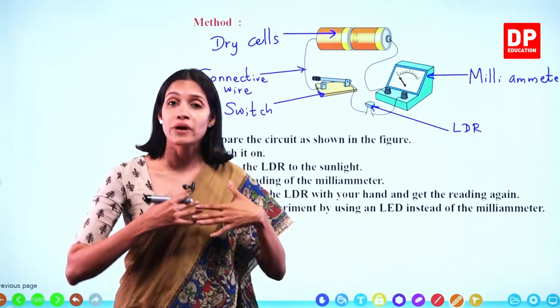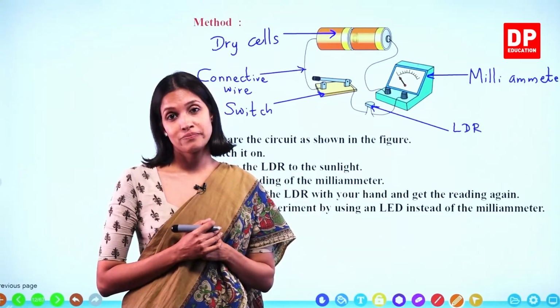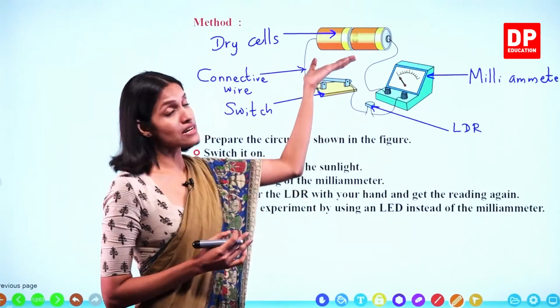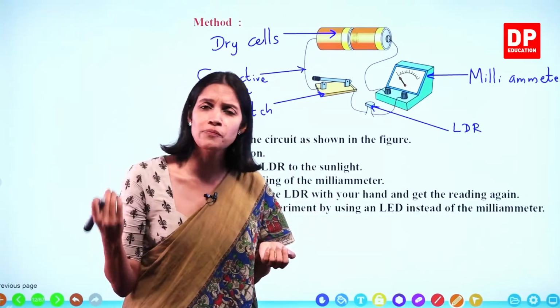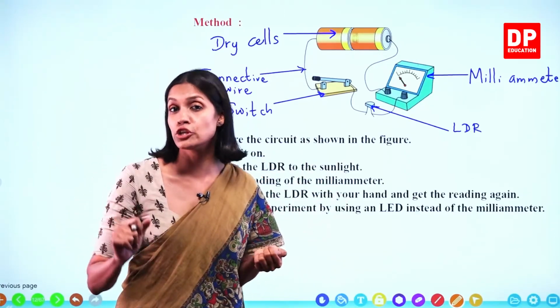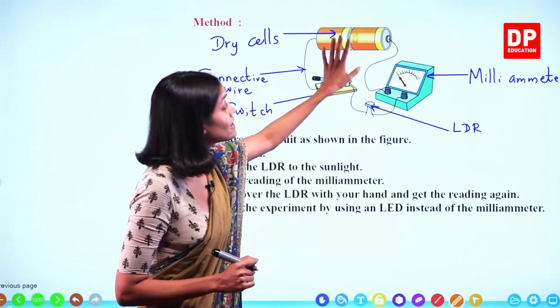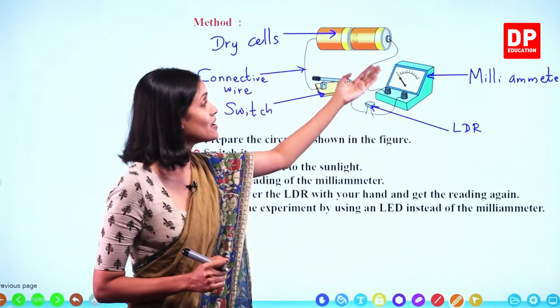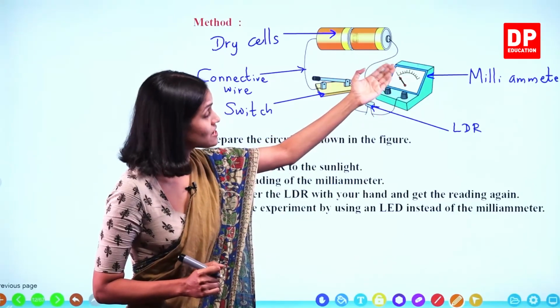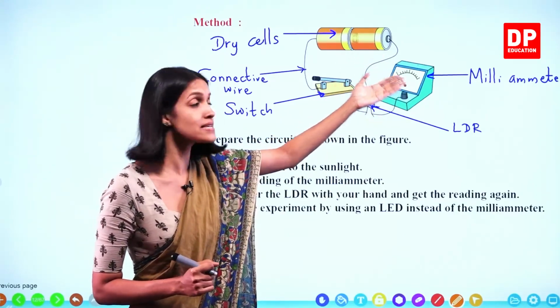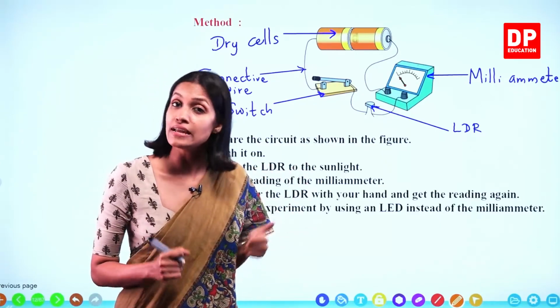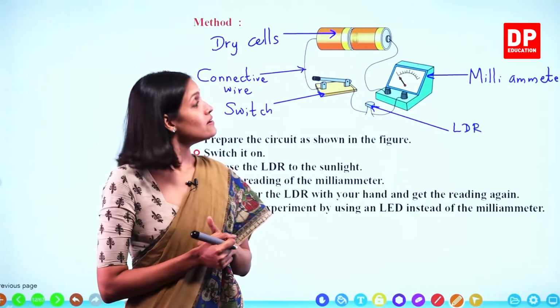What is resistance again? Resistance means the barrier towards an electric current. If the resistance is increased, what happens to the amount of electricity passing through the circuit, children? It reduces, right? But this time, the amount of electric current increases. That is why the milliammeter reading increases, and the brightness of the LED also increases, right?